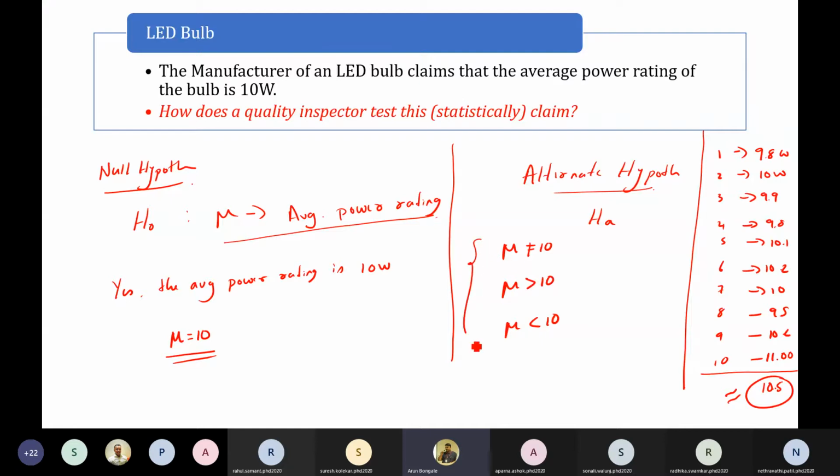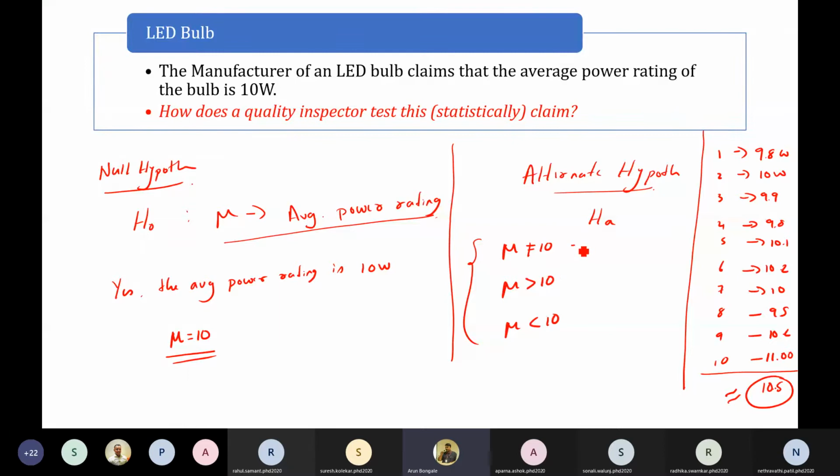So how wisely or how precisely you select the alternate hypothesis, that is the concern. If you see the manufacturer statement, the manufacturer of an LED bulb claims that the average power rating of the bulb is 10 watts.